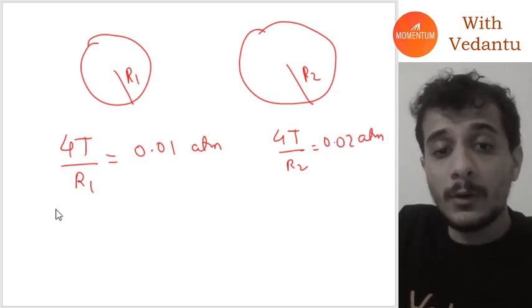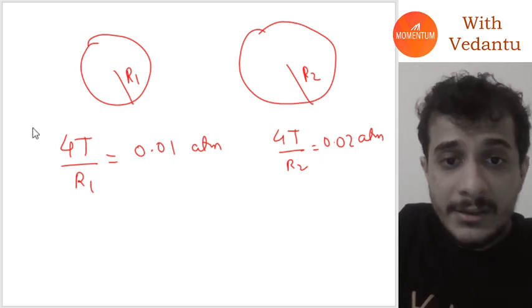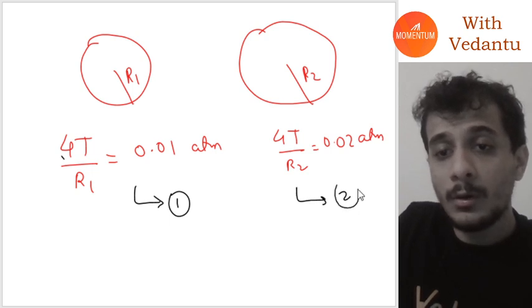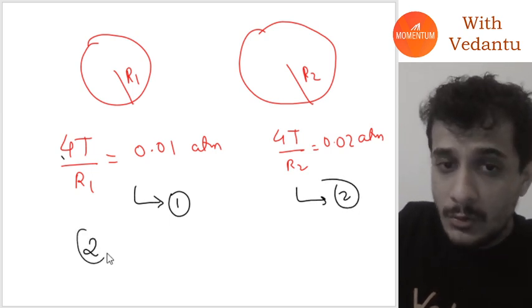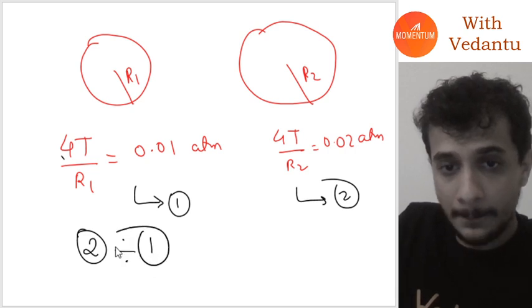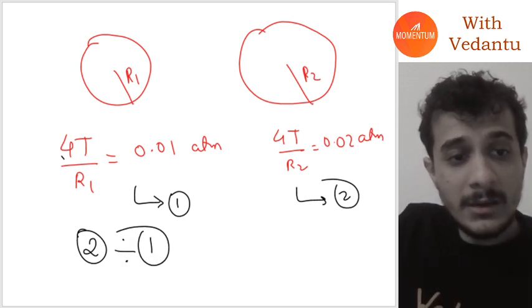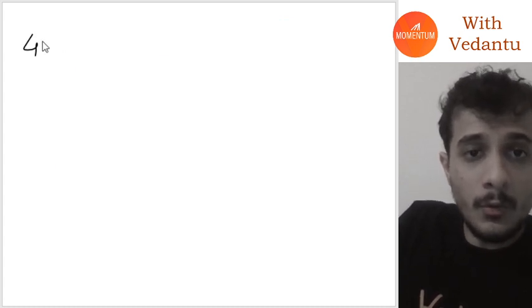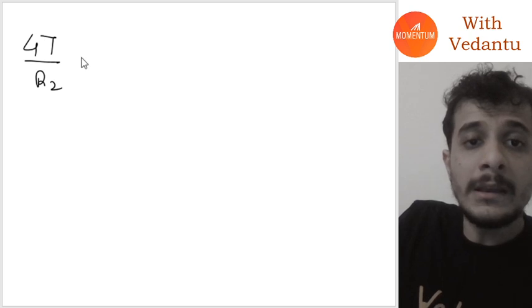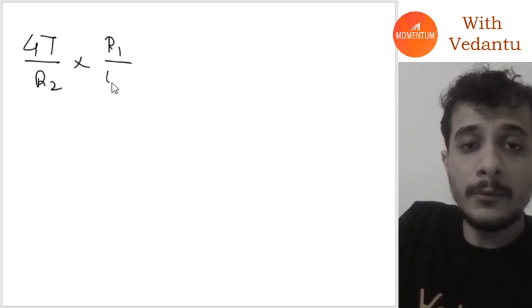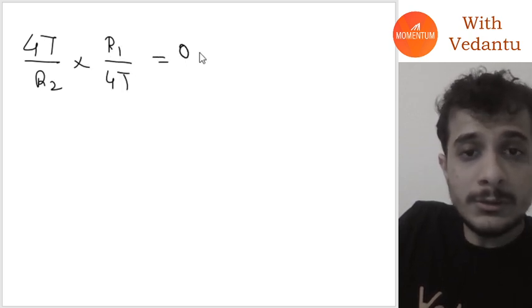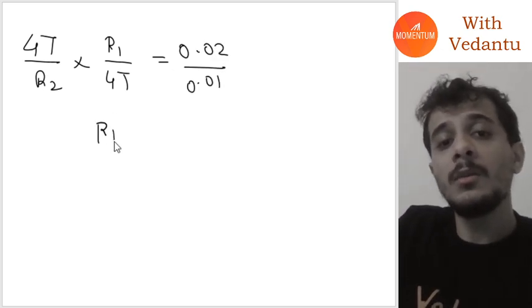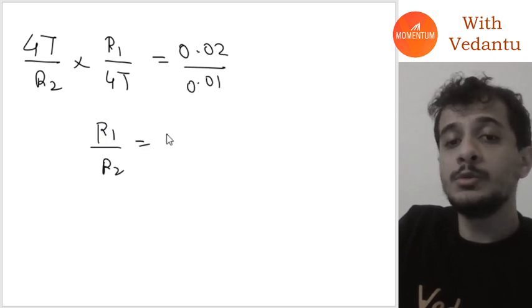Now if I divide these two equations, equation 2 divided by equation 1, what I get is 4T by R2 into R1 divided by 4T is equal to 0.02 divided by 0.01, which gives me R1 by R2 is equal to 2.